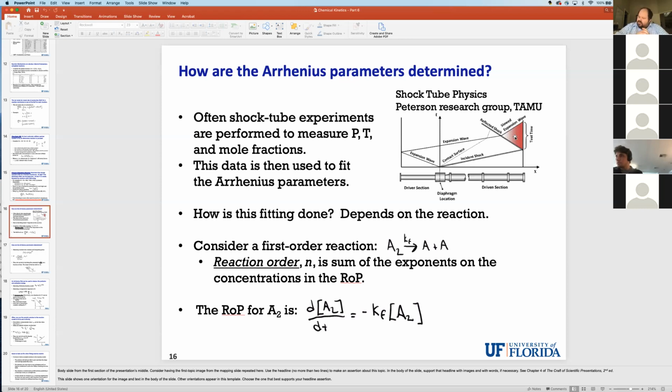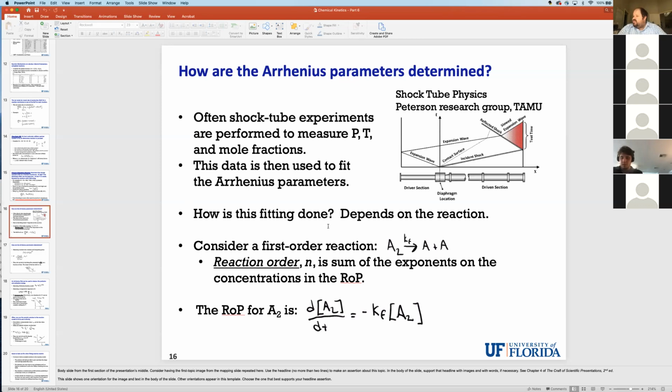So then, assuming they have high quality data and they can measure any variable that they could ever want, how do they then determine the forward rate constant and the Arrhenius parameters? So basically, how is this fitting done?